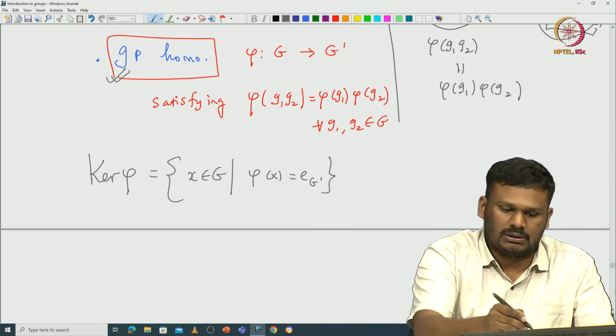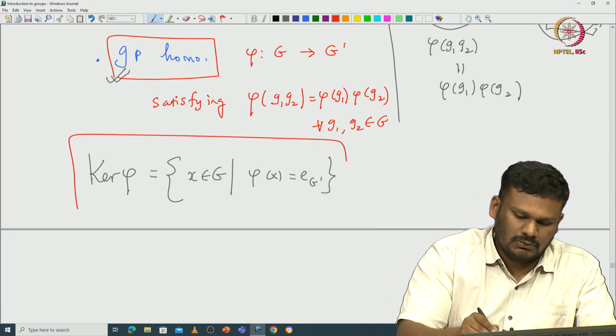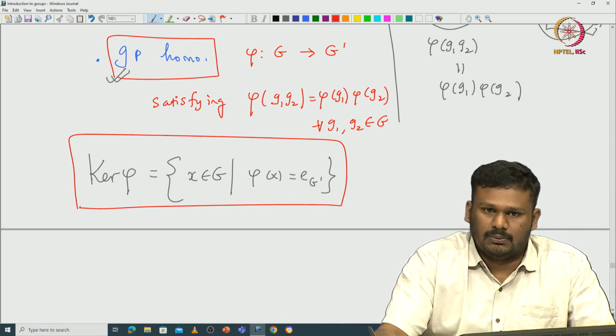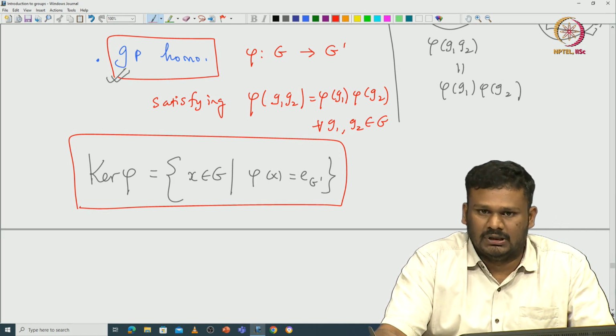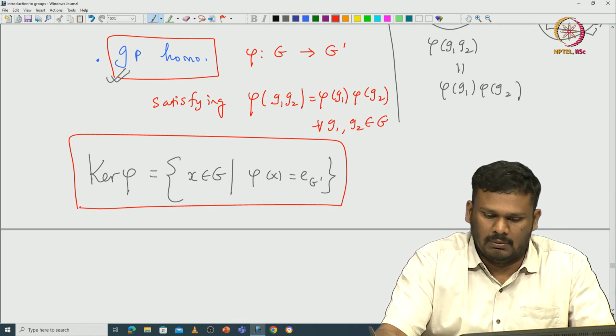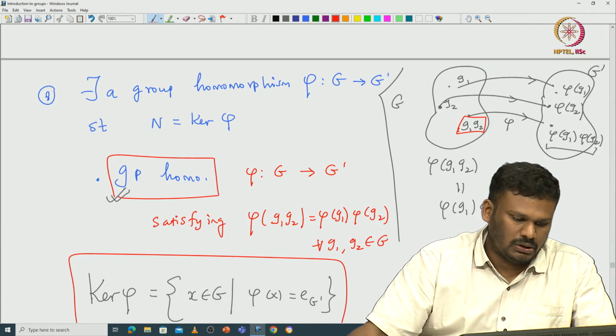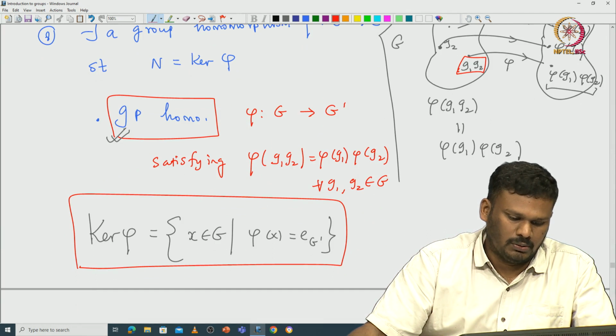So the kernel is actually a nice subgroup of this capital G, which is mapped to the identity with respect to that group homomorphism.